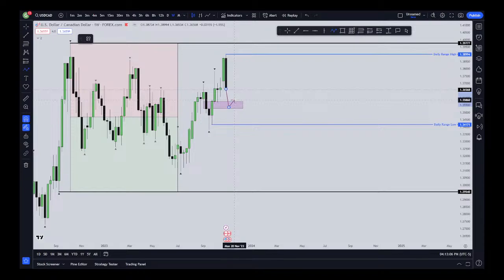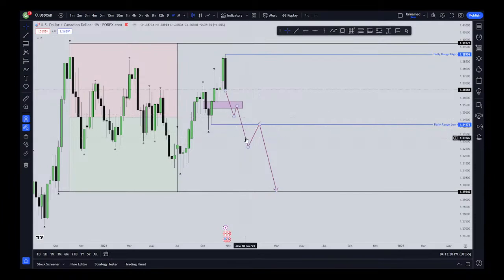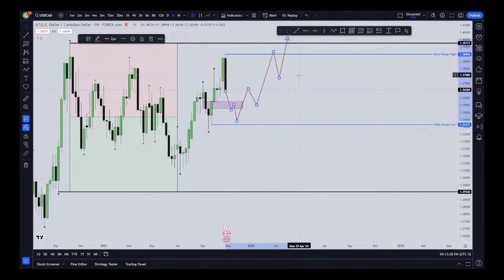Okay, if it respects this zone, then it's going to keep going higher and ultimately take out this weekly range high. But if it violates it, then it could pull back into it and continue going lower, or it could just act as manipulation in order to shift in market structure and continue going higher.